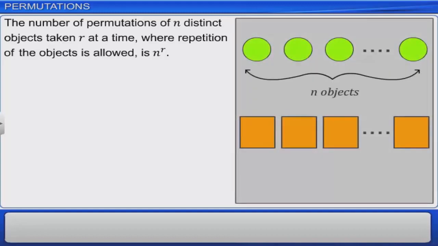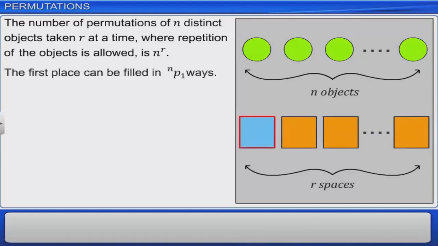Suppose there are n distinct objects and r spaces. The first place can be filled using n objects in nP1, that is, n ways. Since repetition of objects is allowed, we have n objects available to fill the second place.